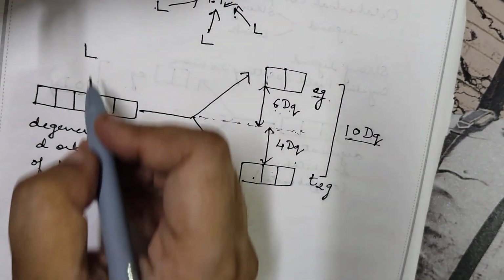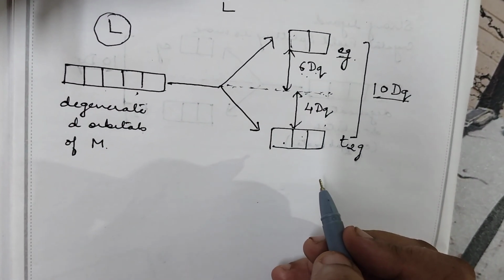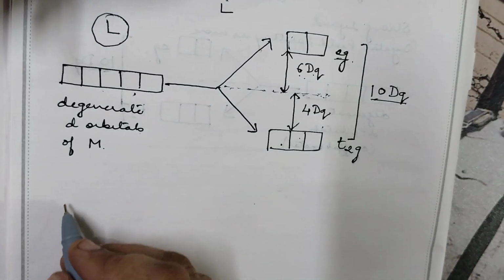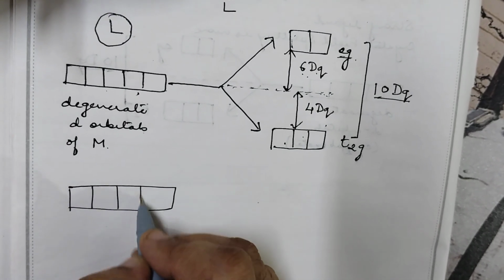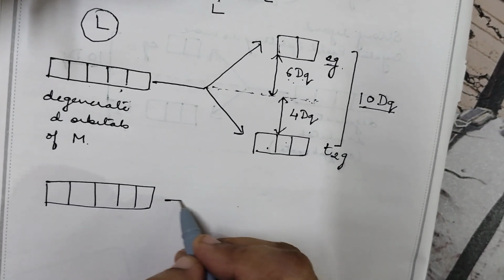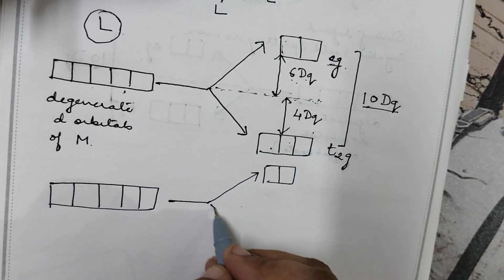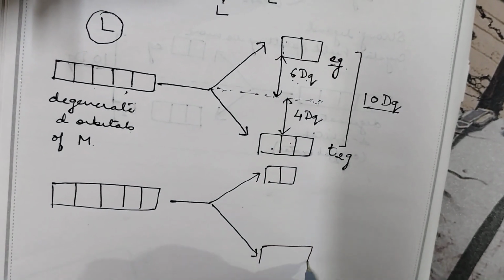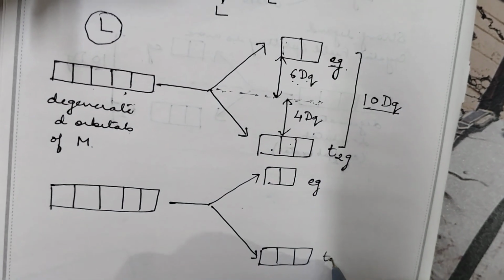Now, when the ligand which is approaching the central metal is strong, then this splitting is more. That is, this gap between Eg and T2g will be greater. This is the Eg group, this is the T2g group.